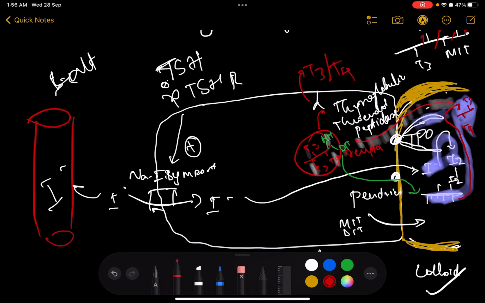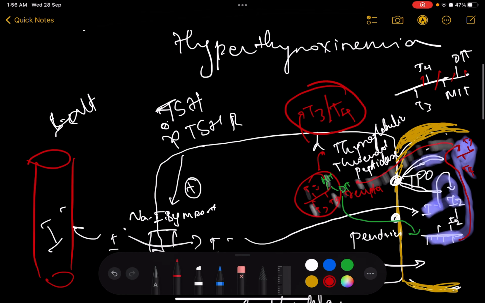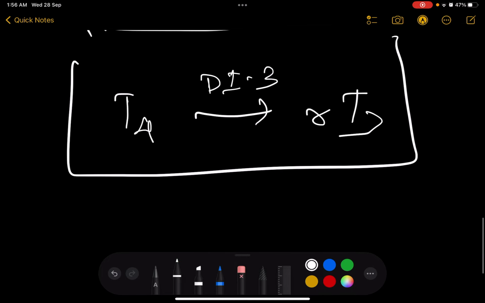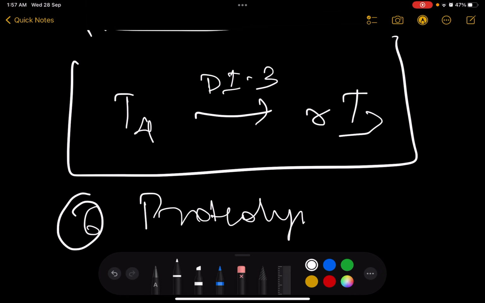It allows for the release of T3 and T4. So one, it causes proteolysis, and second, it also releases it. What about the MIT and DIT that are left over? Here you can see in the green that certain MIT and DIT are left over. Those are taken up again and enter the colloid. So fifth is coupling, sixth is proteolysis and release.